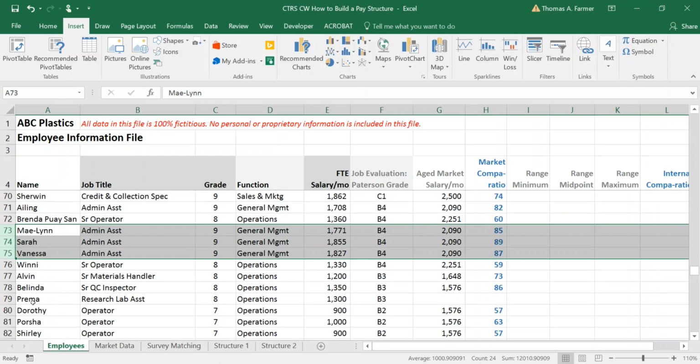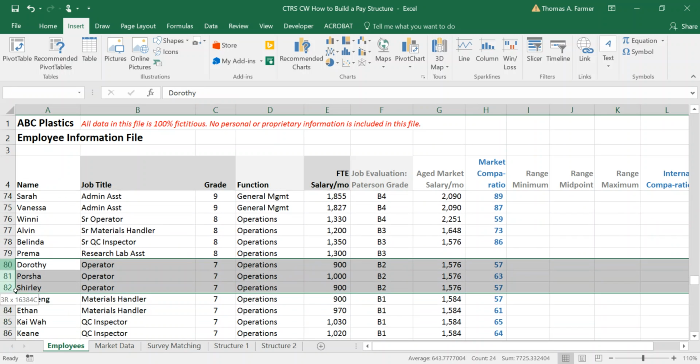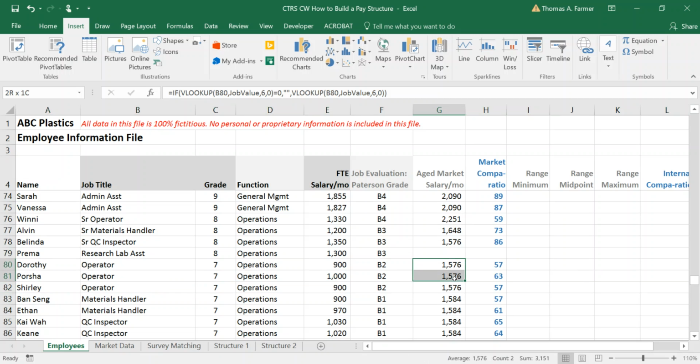We have 3 of them. Down here we have operators at grade 7. So by using the market value for the people, the market value is in that average for grade 7 3 times for people in that job instead of just once. So it's incumbent weighted average market value for that grade.